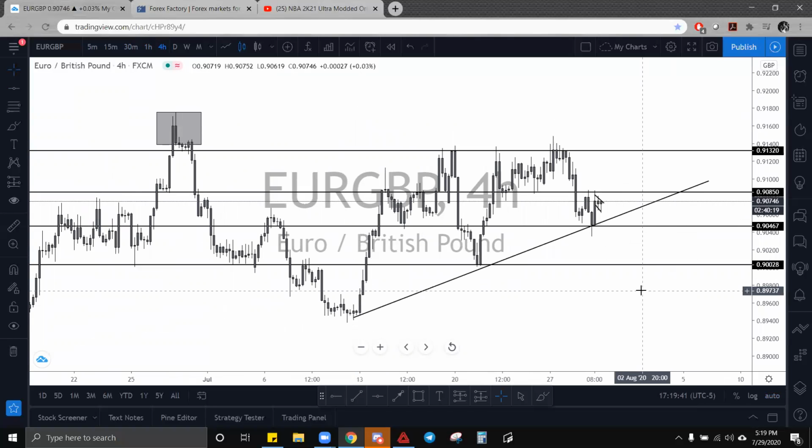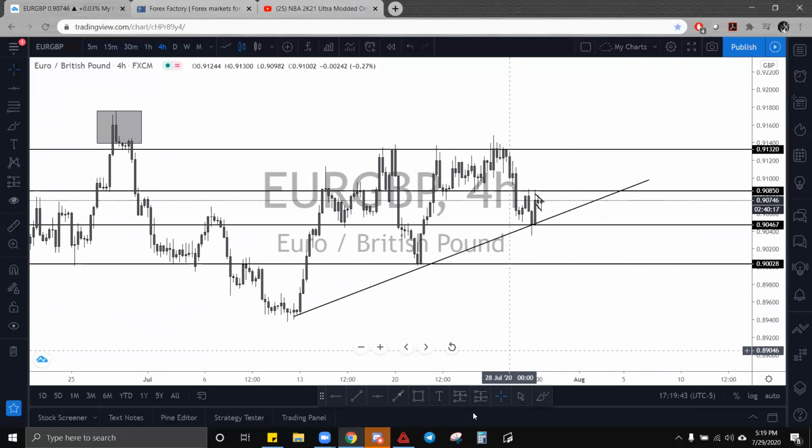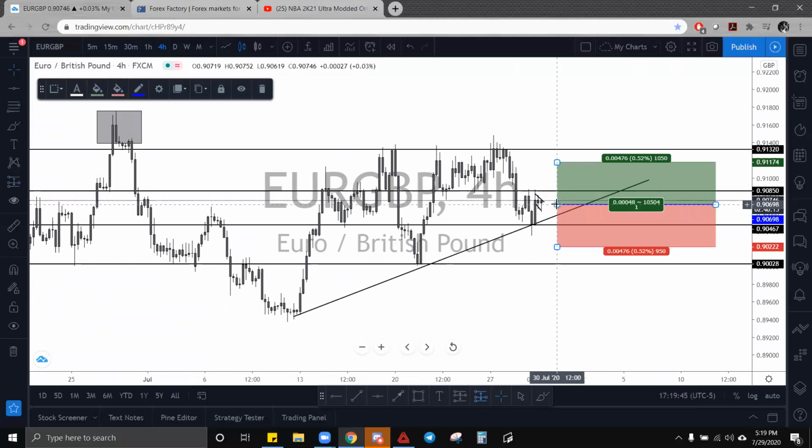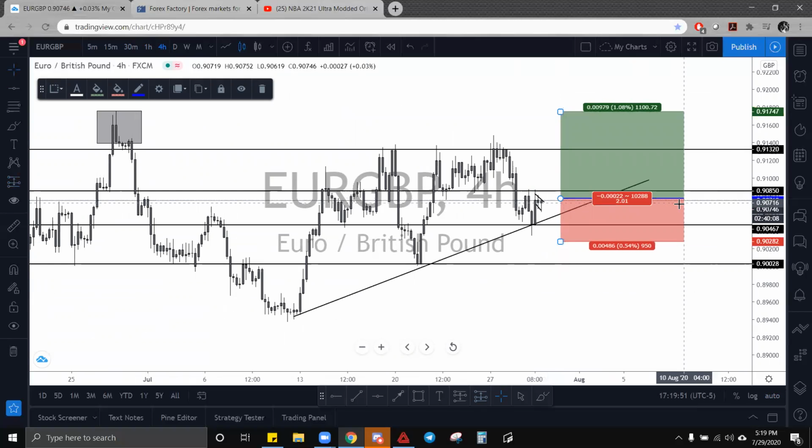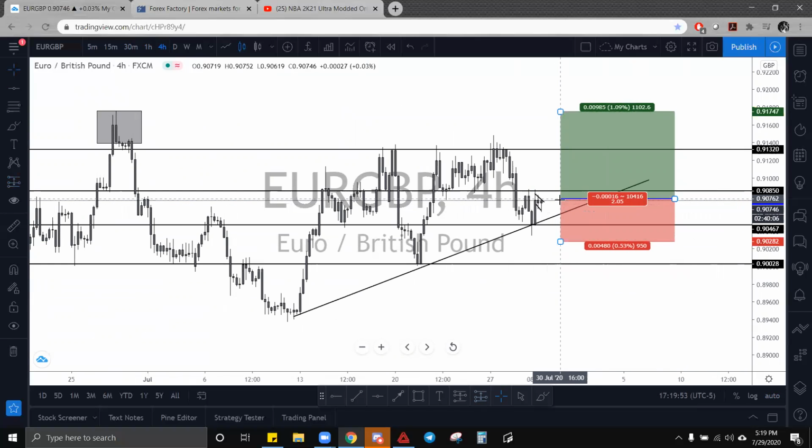Really, this thing can buy. Even now, if you were to get in, you're only risking 45 pips. Your stop loss would be a little bit below this low right here.